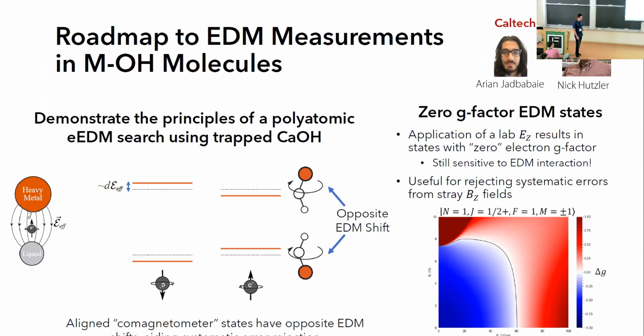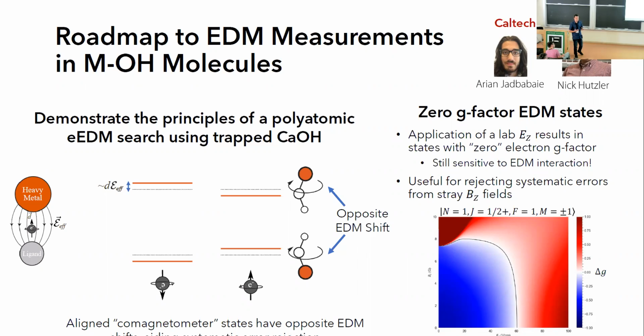And so this is a new collaboration that we've had going now for a few months with Caltech out of Nick Hutzler's group. Here the idea is that we want to load these CaOH molecules into these EDM sensitive states, which have these co-magnetometer states that help suppress systematics. But one of the nice things here is that there's also another set of states that are these zero g-factor EDM states.